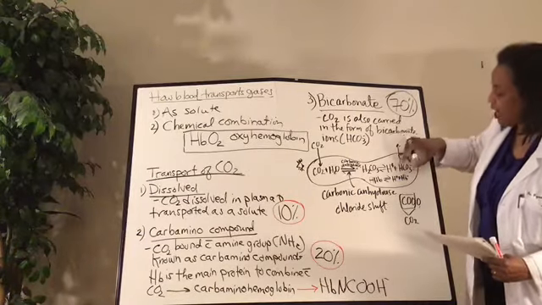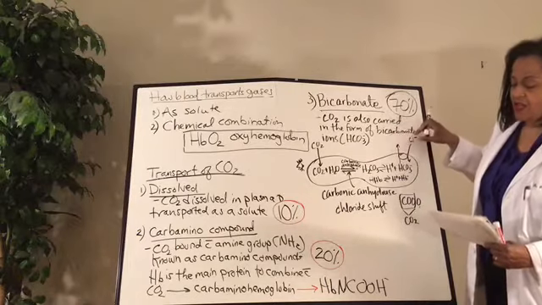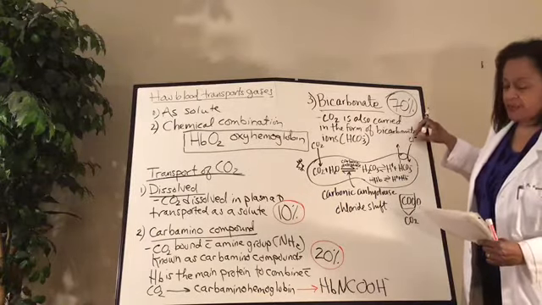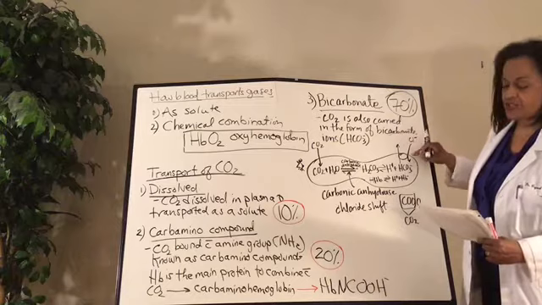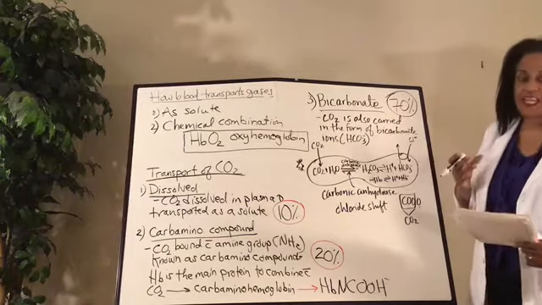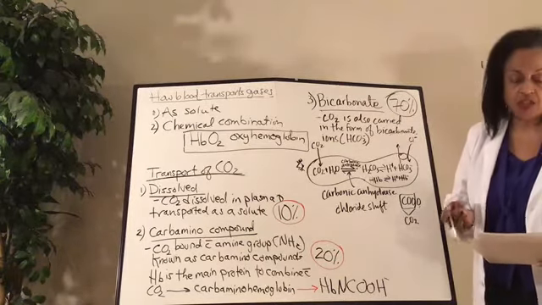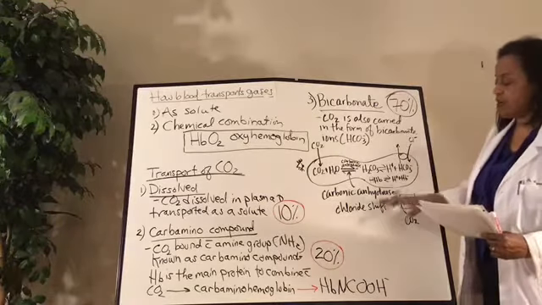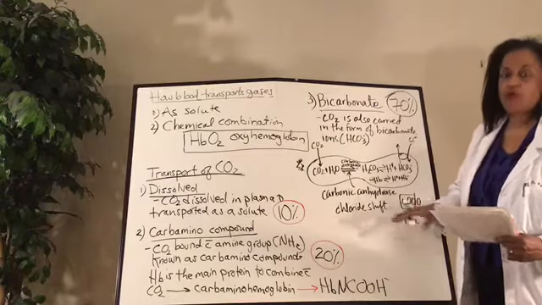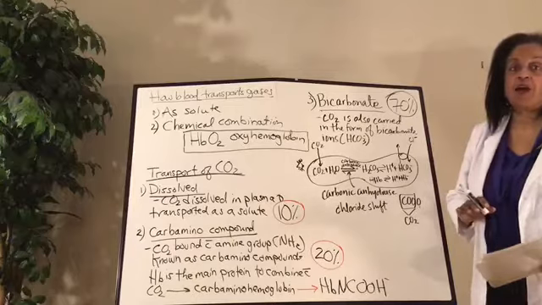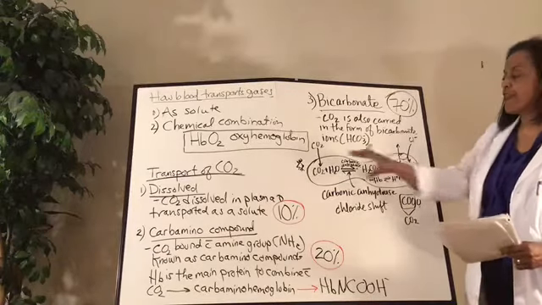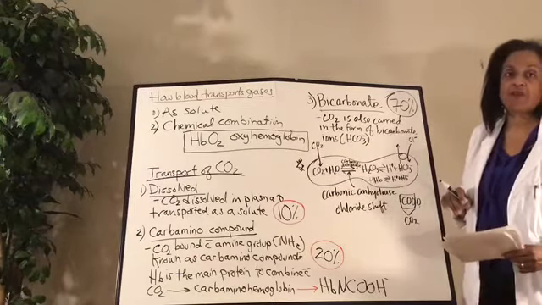As the bicarb leaves each red blood cell, chloride enters and prevents an imbalance in the negative charge. This is known as a chloride shift, where you get a counter transport of negative ions, and that helps keep this red blood cell balanced.